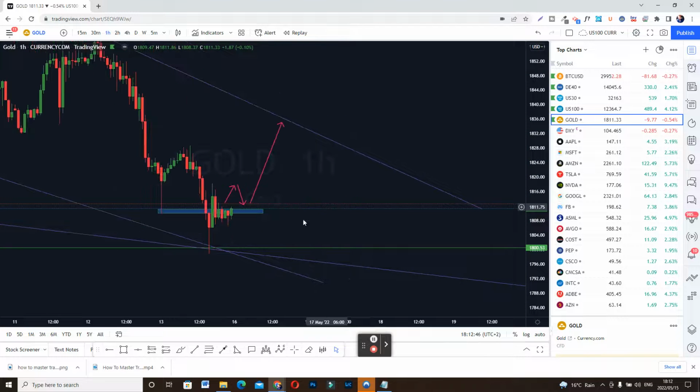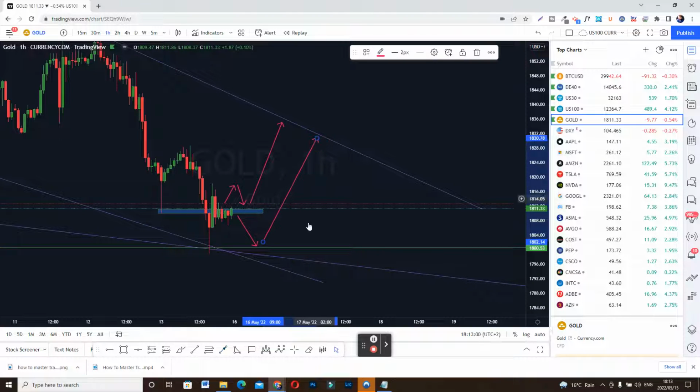Otherwise it will break down to this level, create a double top, then head back to this level, consolidate and break out.